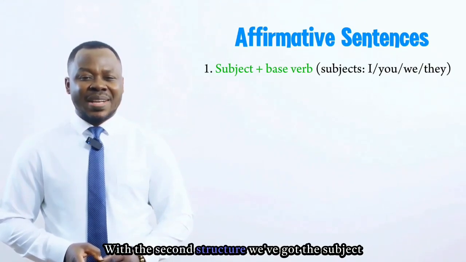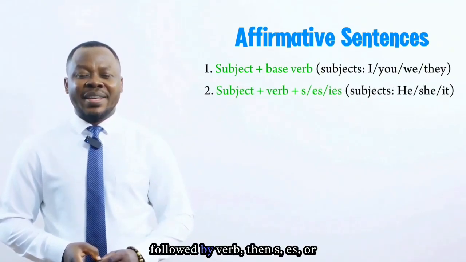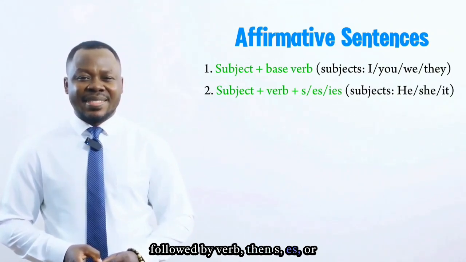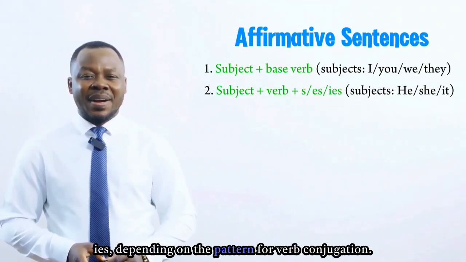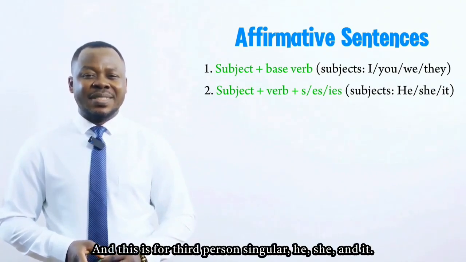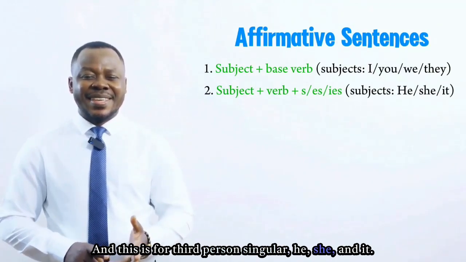With the second structure, we've got the subject followed by the verb, then s, es, or ies, depending on the pattern for verb conjugation. And this is for third person singular: he, she, and it.